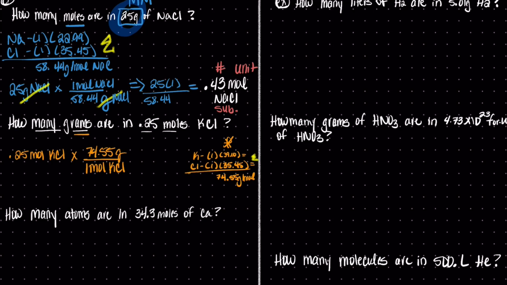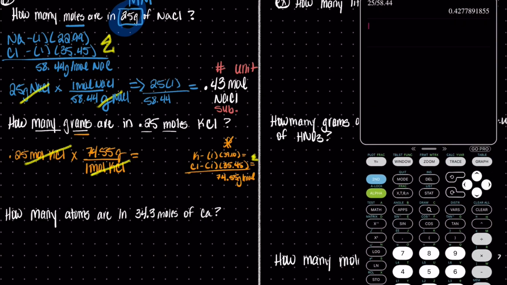Let's ditch our units. I have moles of KCl and moles of KCl that nicely and neatly cancel. I'm left in grammage. All you have to do now is 0.25 times 74.55. And of course you divide by your bottom, but we're dividing by 1 here, so it doesn't do anything. 18.6375 grams.